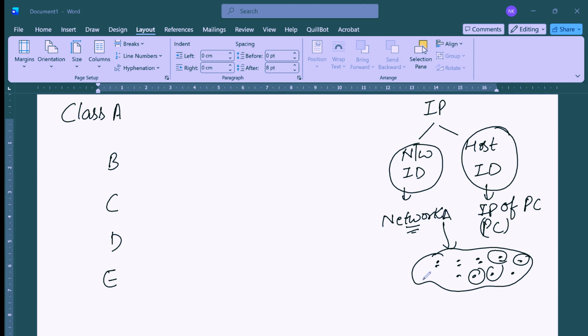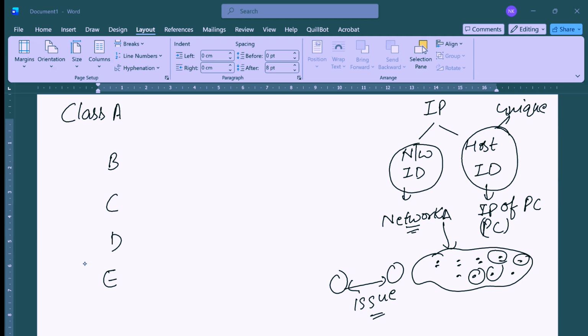So in a single network, the network ID may be the same for multiple PCs, but no two PCs can have the same host ID because it has to be unique. If somehow two PCs in the same network have the same IP address, then there will be an issue that has to be resolved, right?